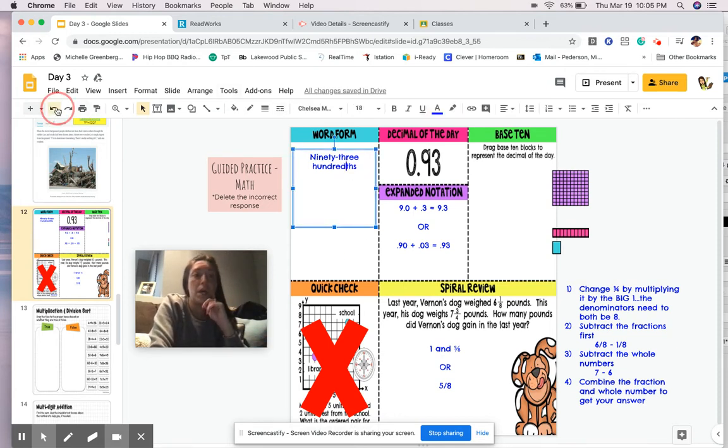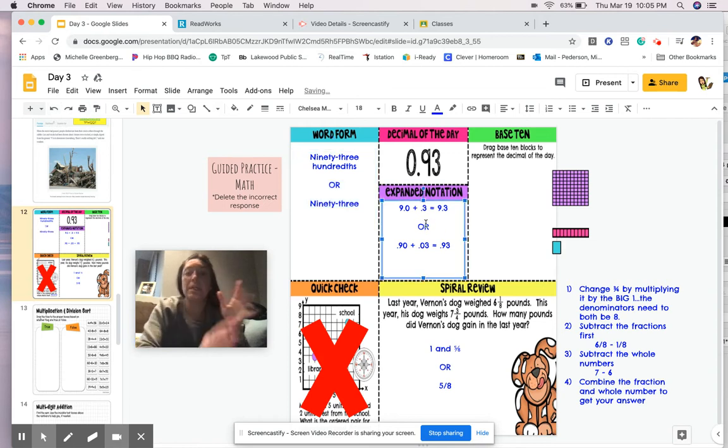The same goes for the expanded notation. Is it 9 wholes plus 3 tenths equals 9 and 3 tenths? Or is it 90 tenths plus 3 hundredths equals 93 hundredths? Again, I would highlight what's wrong and hit the delete button.